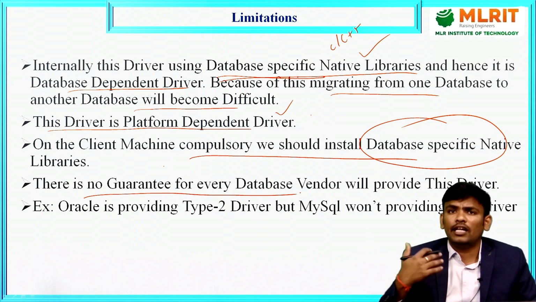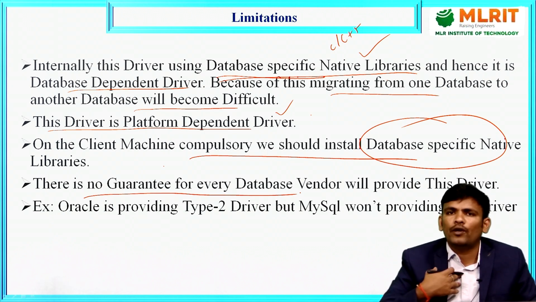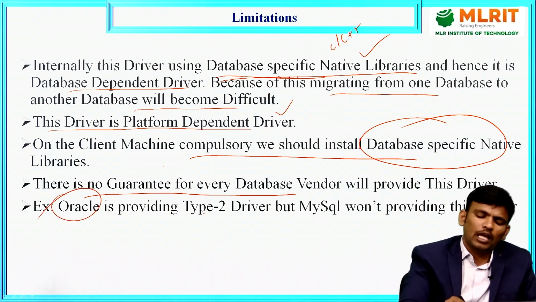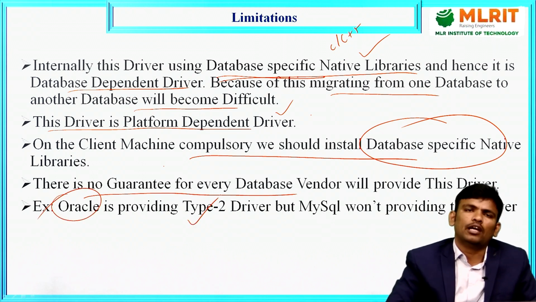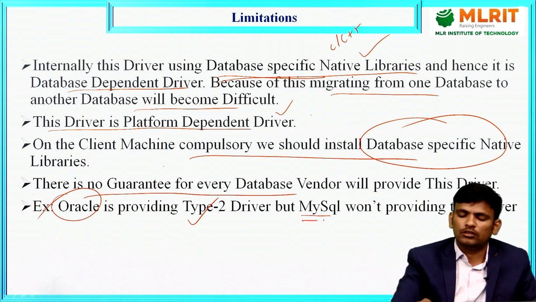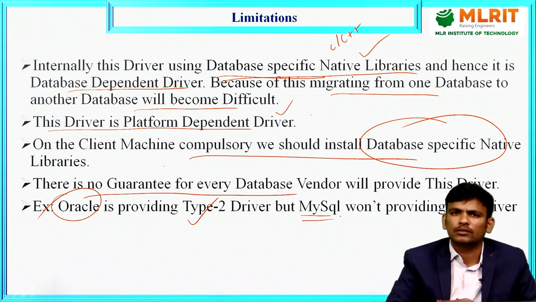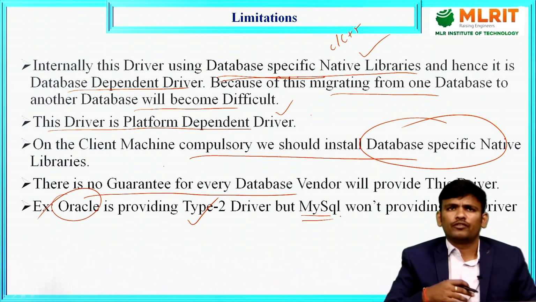Now, not every database vendor provides these native libraries. For example, Oracle is providing the type 2 driver and the native libraries too. But MySQL is not providing the type 2 driver, and it is not providing any native libraries. So this is also one of the limitations.